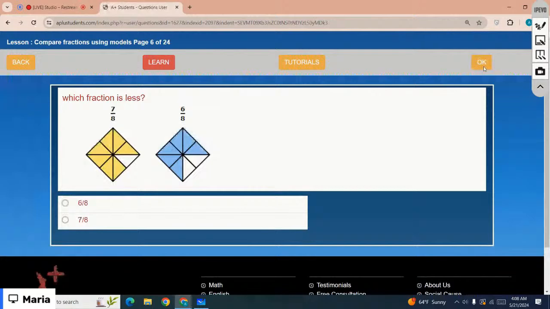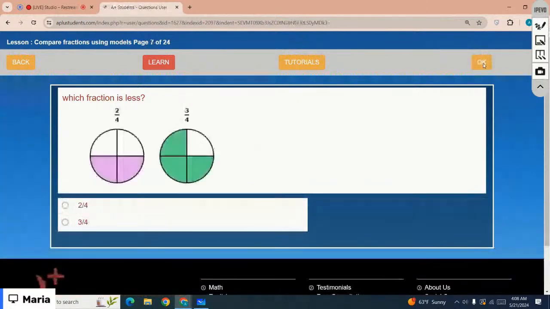Okay, which fraction is less? 7 over 8, 6 over 8. 6 by 8 is less than 7 over 8, right? Because 6 over 8 has less portion colored than 7 over 8. Which fraction is less? 2 by 4, 3 by 4.